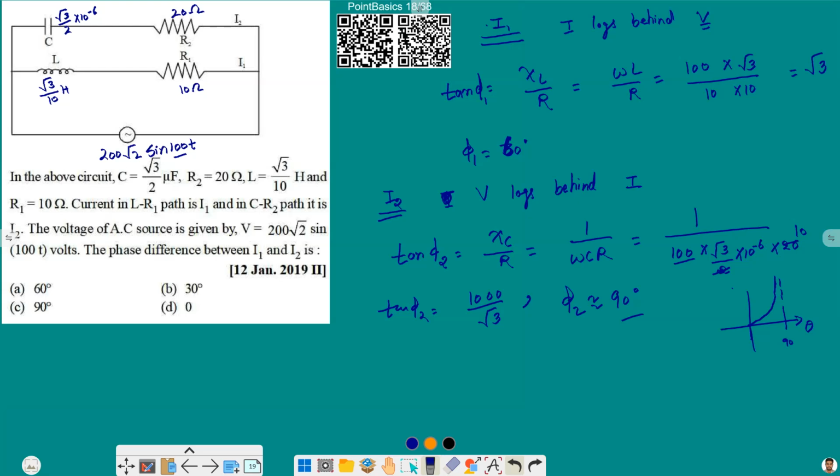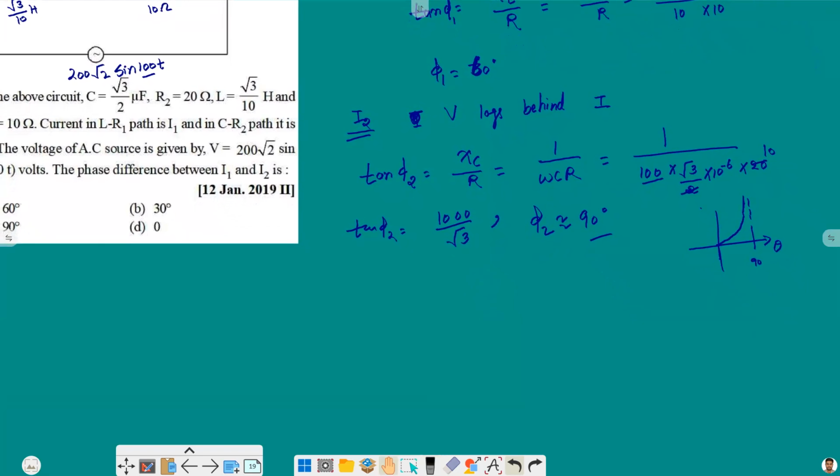Now let's draw the diagram to get the idea of what will be the angle between both of these two. Suppose our x-axis represents our potential. Now our current I1 lags behind it by 60 degree. So suppose downward direction is the behind direction.